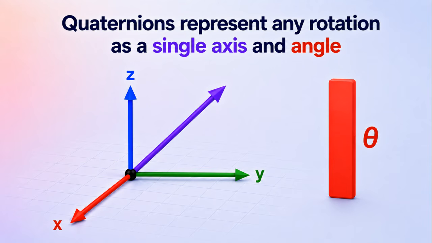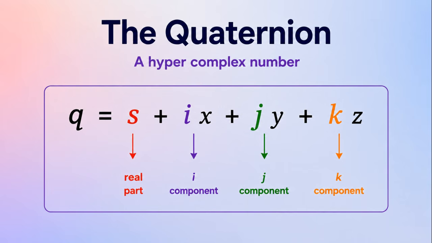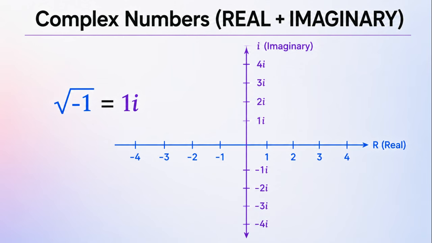A quaternion is an extension of complex numbers into 4 dimensions, a hypercomplex number. Complex numbers are comprised of an imaginary part and a real part. Imaginary numbers were created to deal with the fact that on the real number line, negative numbers don't have square roots. A negative number multiplied with itself has a positive result.